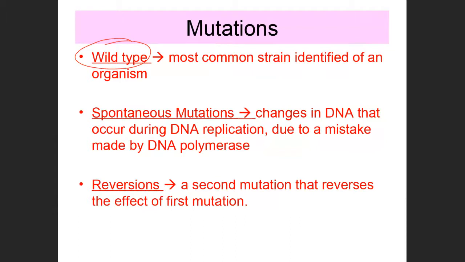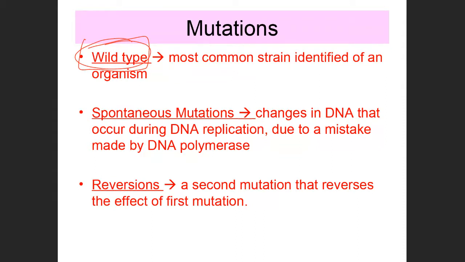So, for example, E. coli. When we began collecting E. coli and identifying it, the most common strain of E. coli that would appear over and over and over again, that's what we would consider the wild type. Anything that was a variation from that most common E. coli was considered a strain. Having said that, the concept can get a little tricky.